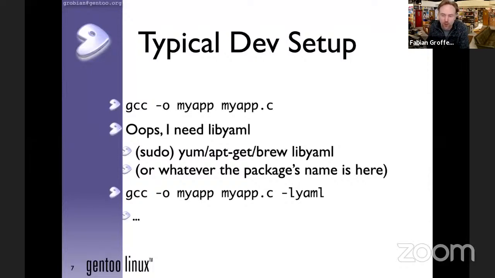I do a lot of C programming, so for me, we are compiling something. You're compiling a C file, you want that to produce the executable my app, but you actually use a library like libyaml.